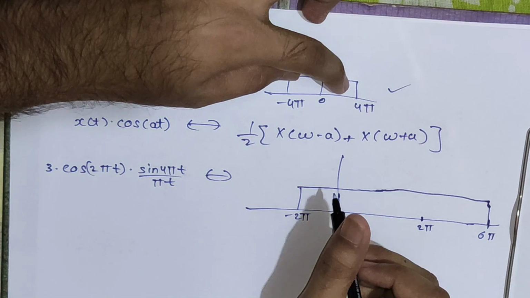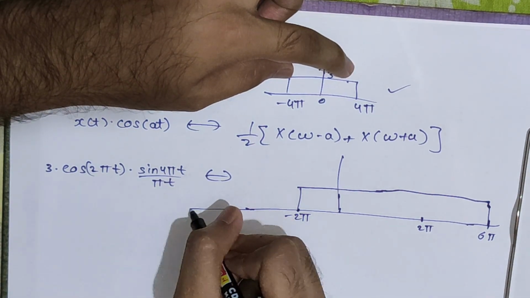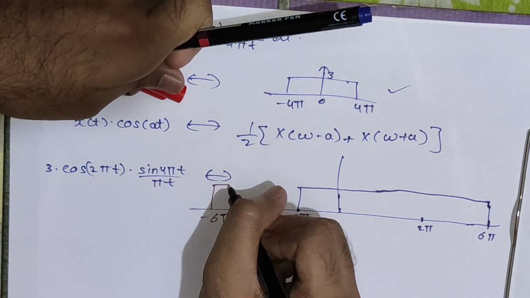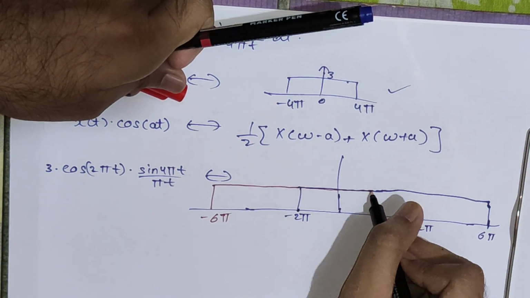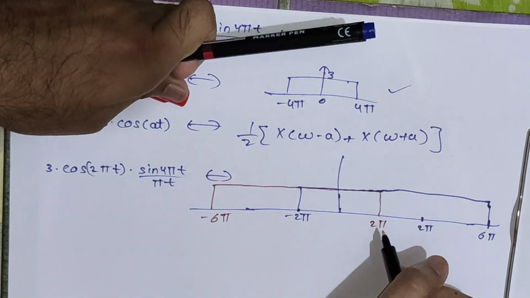Now the same function is again shifted to minus 2π, so the origin is here, and we get the rectangular function from minus 6π. Again this one will reach 2π because 4π minus 2π is 2π.